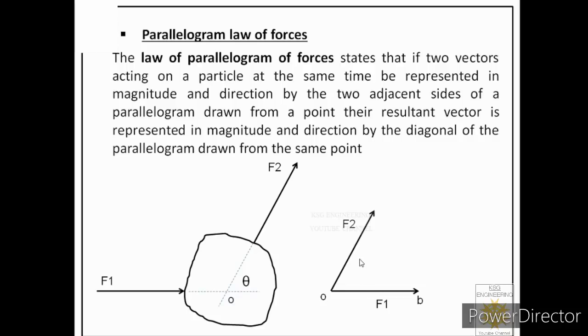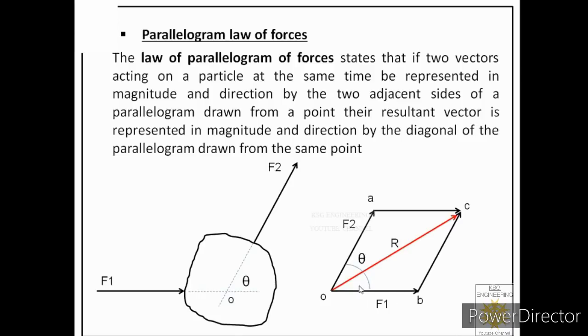For that we have to complete the parallelogram. So how will we complete it? We will draw this vector over here and this vector from the tip of the first vector, and we will maintain their orientation. If we do this, then we will get the parallelogram. The name of the parallelogram is OACB.